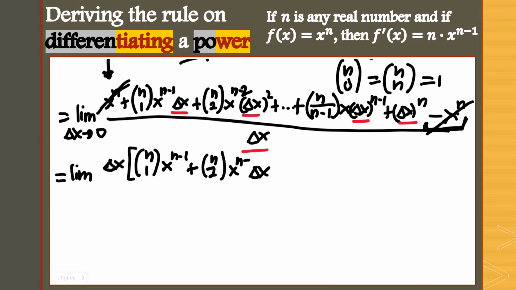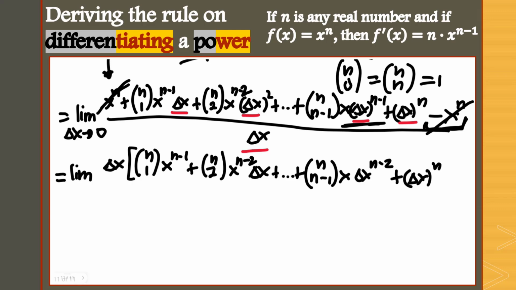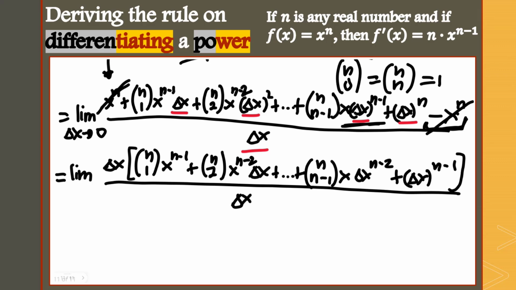So n minus 2 times delta x, plus dot dot dot, plus n taken n minus 1, x, as you take out here delta x, you will have delta x to the n minus 2 because that's minus 1. And then plus, as you take delta x here, you will subtract it by 1. All over delta x, as delta x approaches 0.